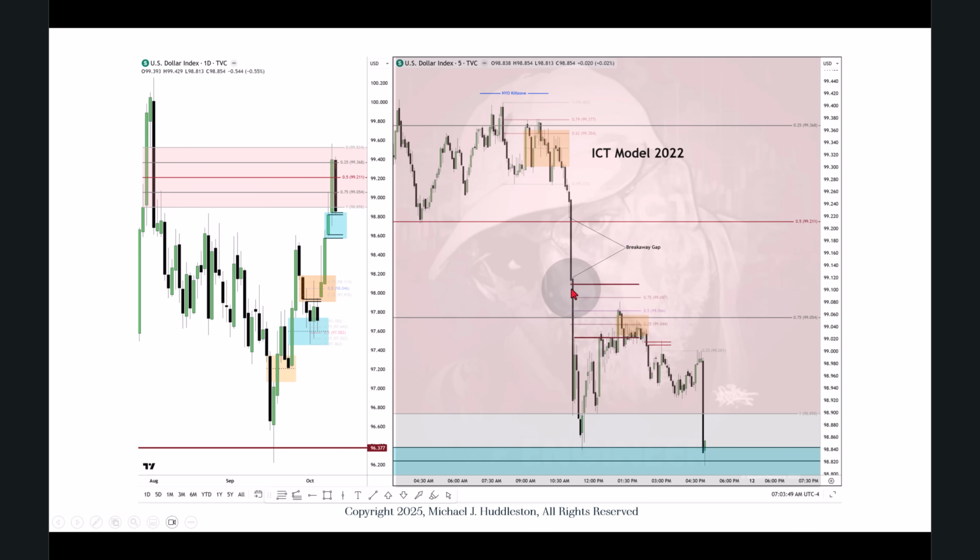Because the gap is laying over top of, and key point here, below inside the narrative that the market should deliver lower, and it's below this inefficiency, which we should expect that to be a breakaway gap. When another series of SIBIs form, this one, we look at it as staying open or we want to see it remain unfilled. Can it come up and trade into it a little bit? Sure. But we expect some measure from its halfway point to the high of it. That portion should likely stay open, unfilled.